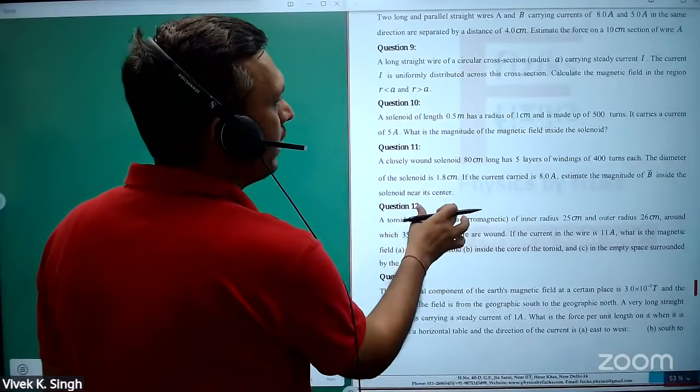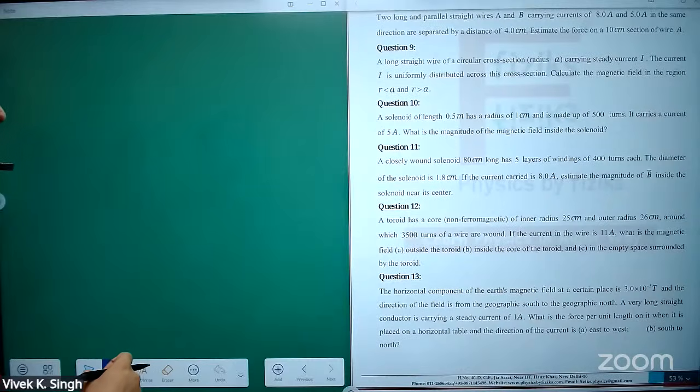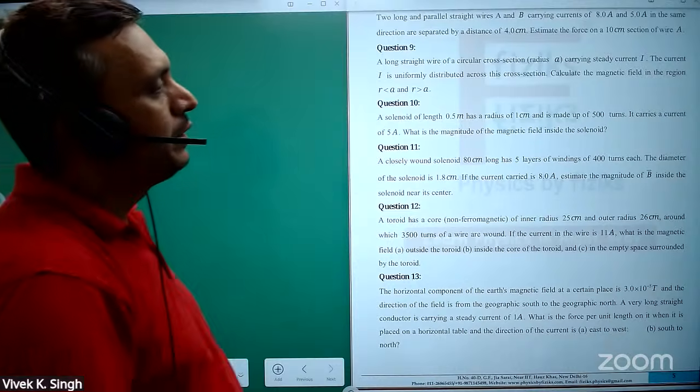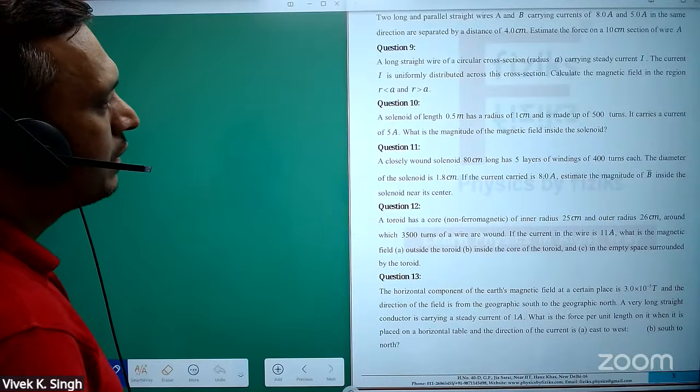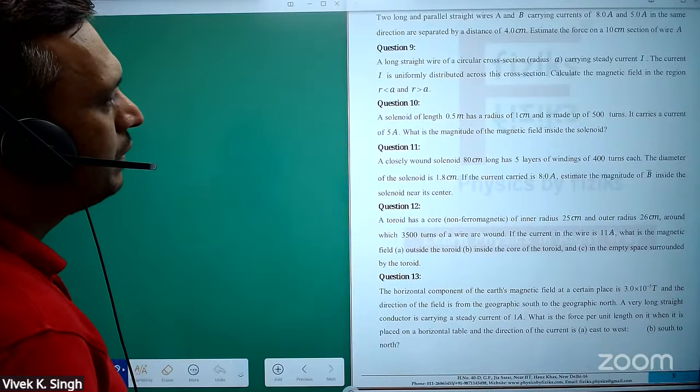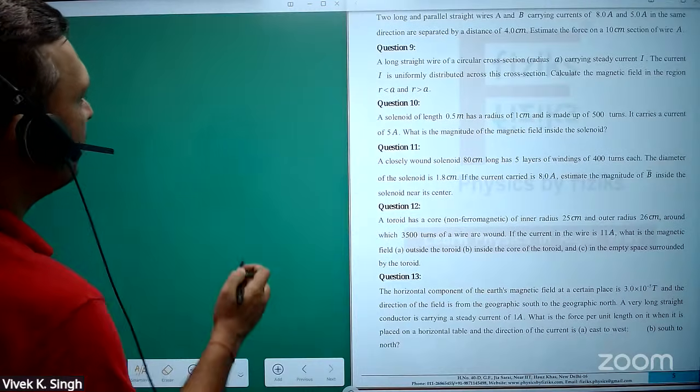It's a case of solenoid. Solenoid of length 0.5 meter has a radius of 1 centimeter, and it is made up of 500 turns. It carries a current of 5 ampere. What is the magnitude of the magnetic field inside a solenoid?